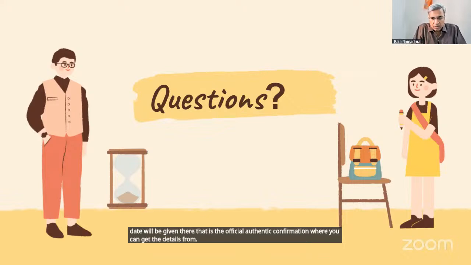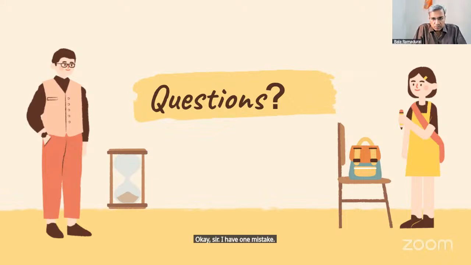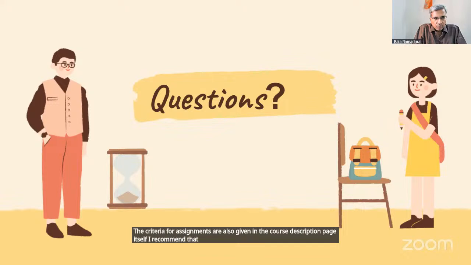Okay, sir, I have one problem. I cannot submit assignment 1 and 2. See, the criteria for assignments are also given in the course description page itself. I recommend that you submit assignment 3 and 4.